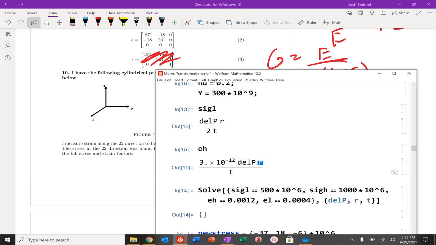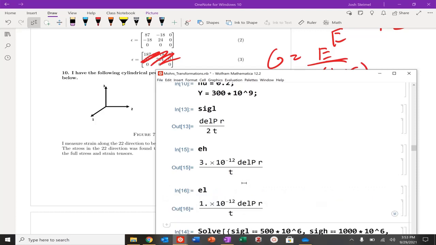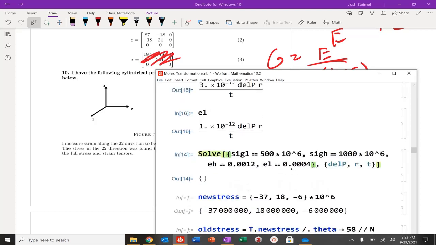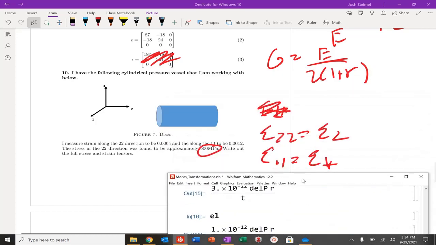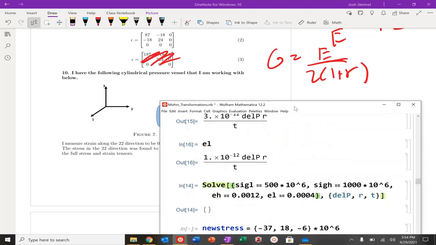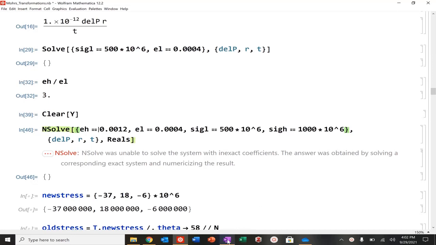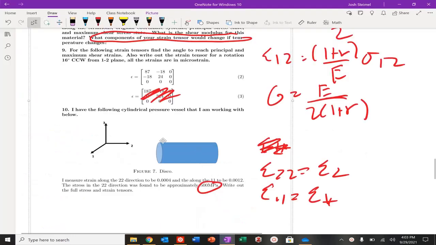So you have del P, R, and T left to solve for. We have EL as well. So we should have 3 equations, 3 unknowns, so we should be able to solve here. So our sig H is 1000. You see, we're not able to solve it, so it is not a thin-walled pressure vessel. So something strange is going on with this problem.